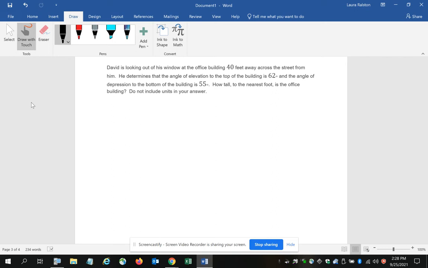Okay, so let's see what we got here. It says David is looking out his window at the office building. Okay, so here's David, and he's looking out the window. Here's his window, and it says the office building is 40 feet across the street from him. So 40 feet, and we have to assume that's straight across to the office building.